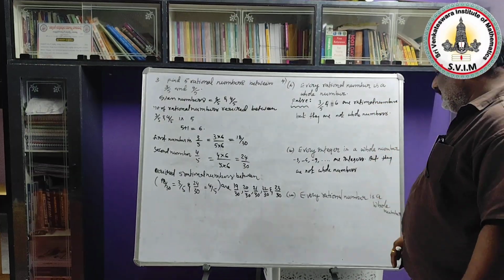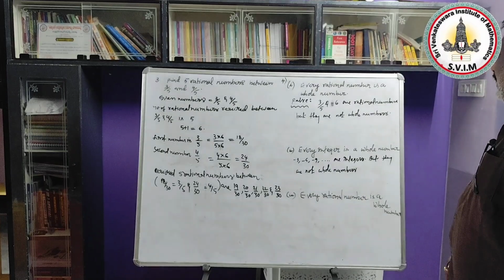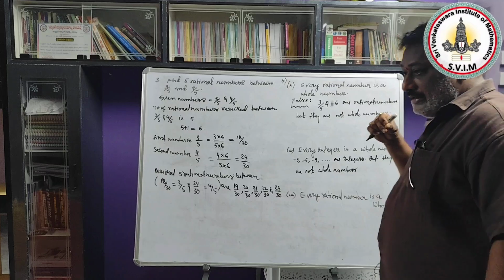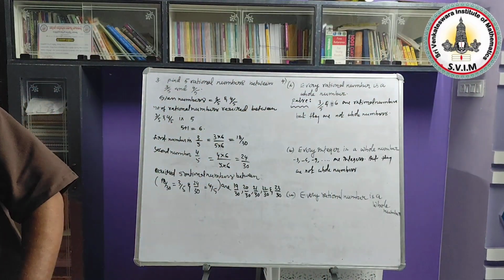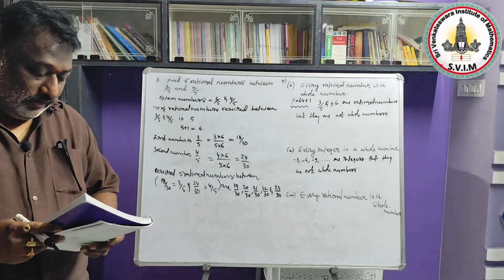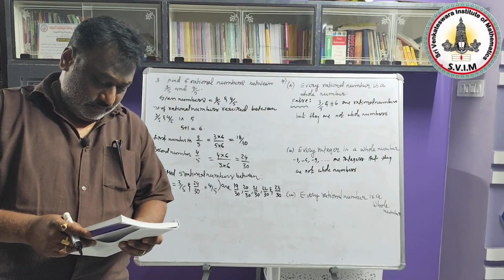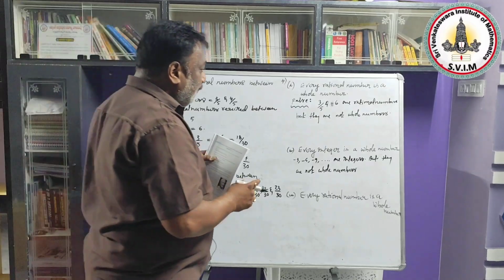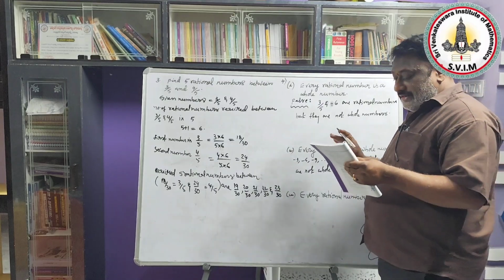One more problem we have in the fourth one, that is every rational number is a whole number. So again this is repeating, I think. Let me check once. Yes, actually in the first question it should be every natural number is a whole number.